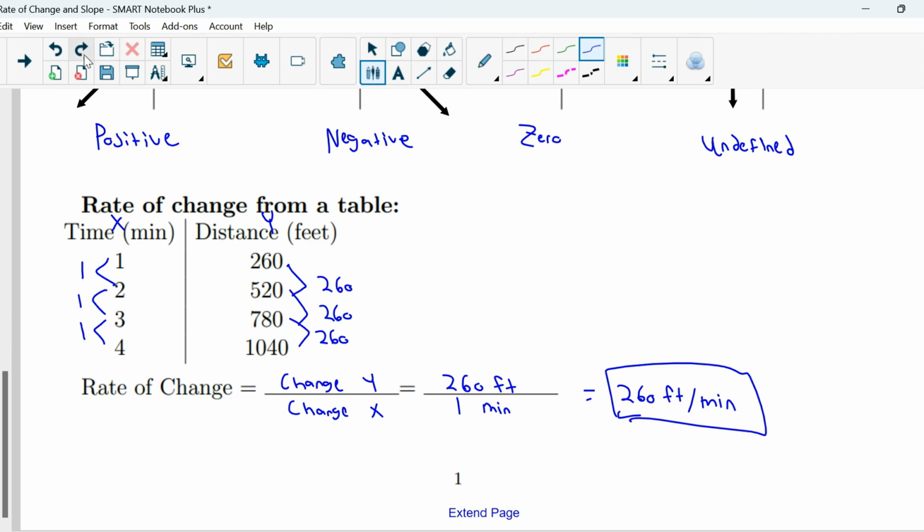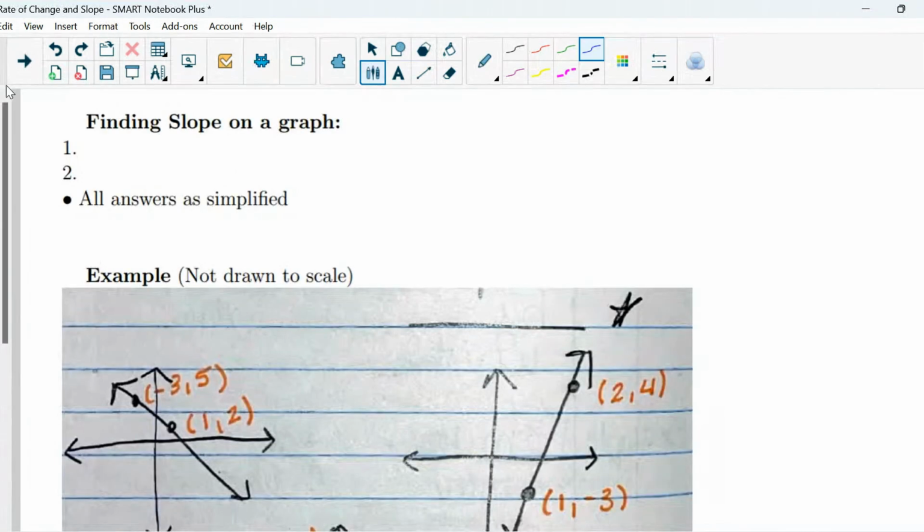So another way that we can find slope is from a graph. Okay, so finding slope from a graph, really the first thing you need to do if you don't have a graph is plot your points. In the examples below, this is already done for us.